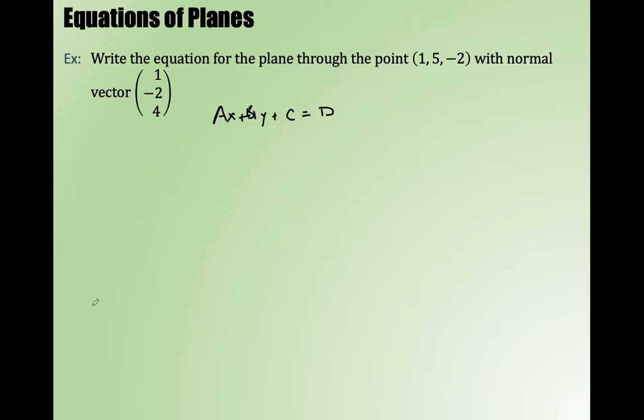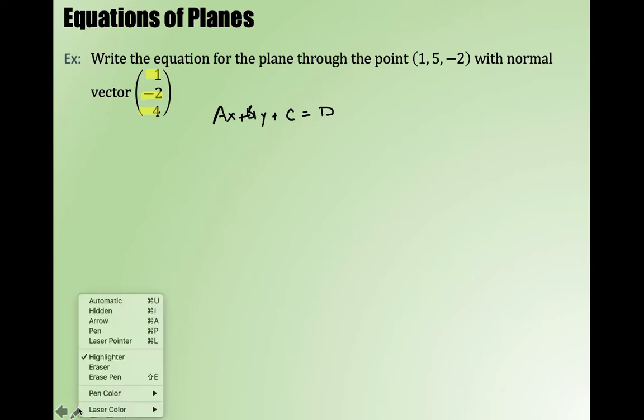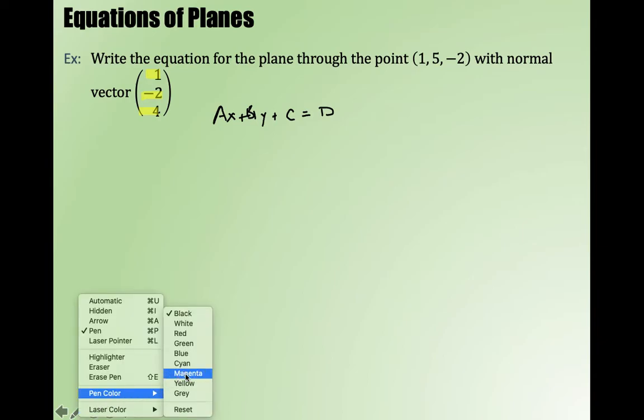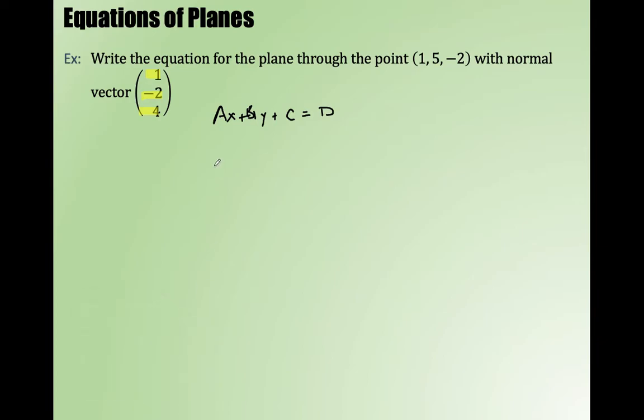I already know what A, B, and C are, right? So even if I don't know what to do, I can get partial credit, as long as I remember that part.